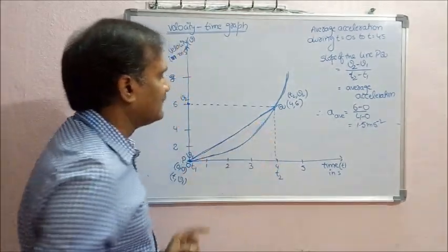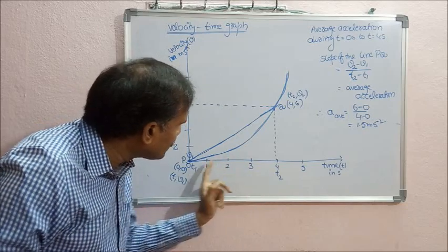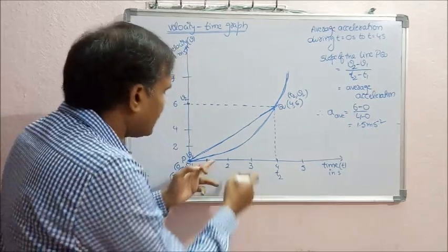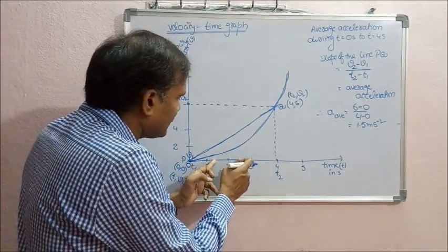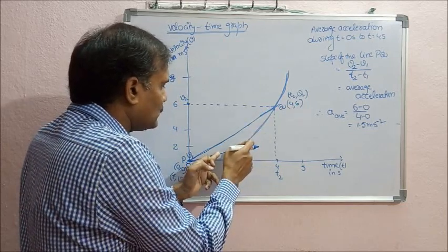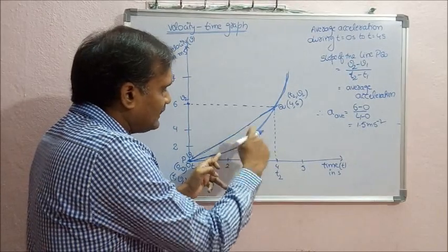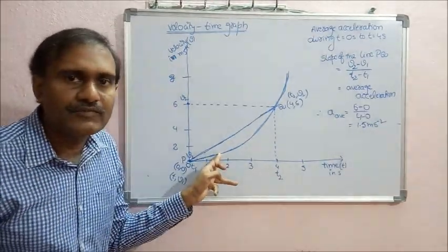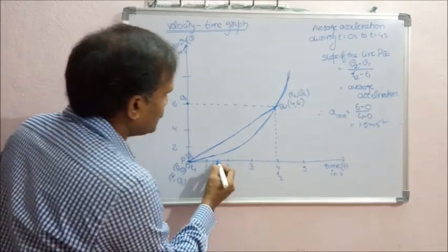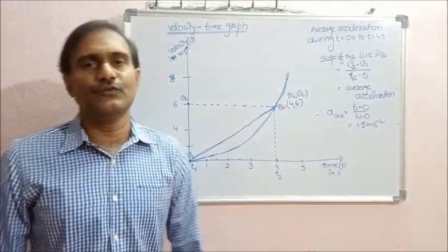Its slope indicates average acceleration during that time interval. Again, if you decrease the time interval to t is equal to 1.5 seconds to t is equal to 2.5 seconds, what happens to these 2 points P and Q? They reach here. If you join these 2 points with a straight line, the slope of that line gives the average acceleration during the time interval t is equal to 1.5 seconds to t is equal to 2.5 seconds.